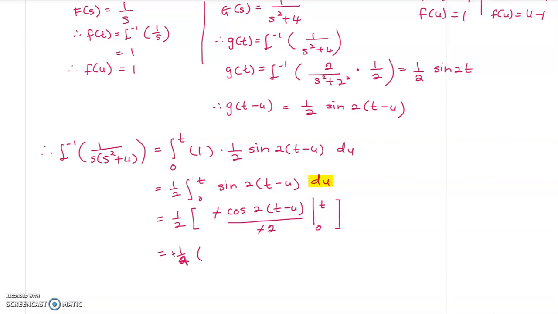In the bracket, we have u equals t, so we have cos 2(t minus t), which is cos 0, minus cos 2t when u equals 0, so we have cos 2t. Cos 0 is 1. So we have 1 over 4 times (1 minus cos 2t). That's it.